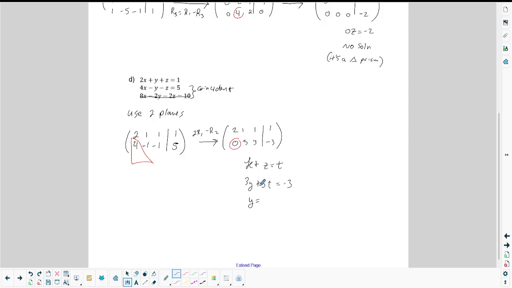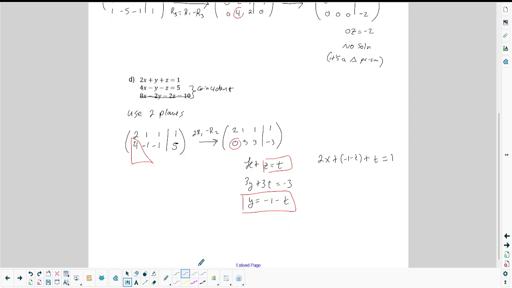And if you divide everyone by 3 and then just bring them to the other side, you get -1 minus t. So here is your parameter equation for z and y. And then plug it all back to the start. 2x plus y, which is -1 minus t, plus z, which is just t, equals 1.